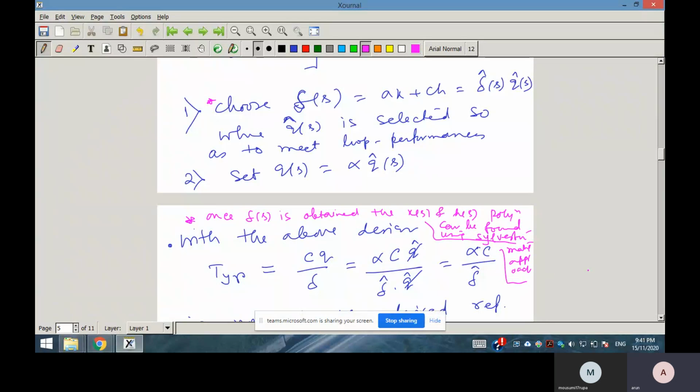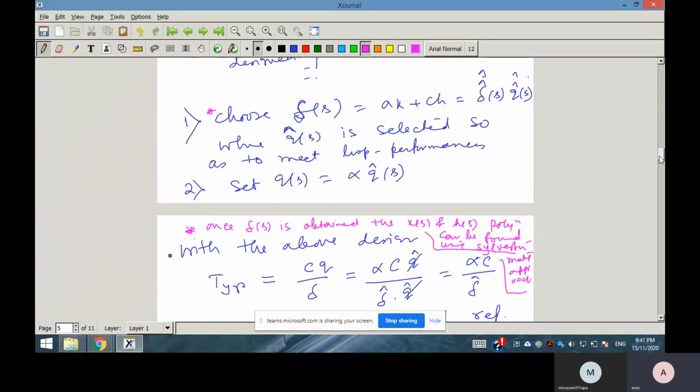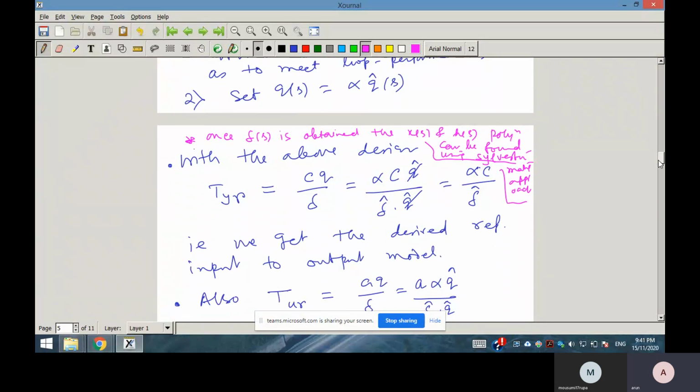The Sylvester matrix equation approach I have already told you when I taught you the one degree of freedom control design.